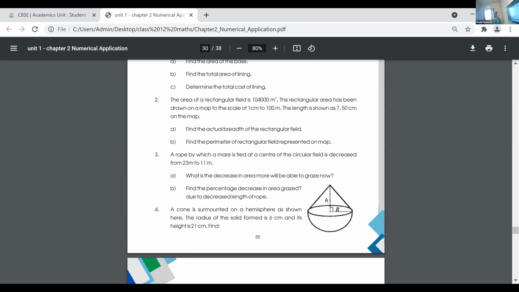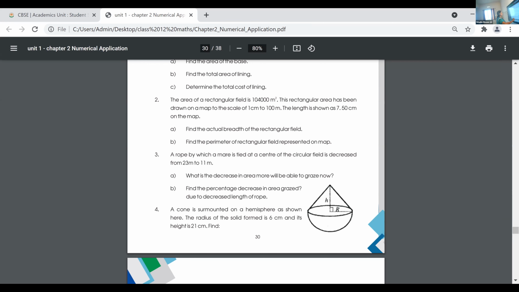Write the fourth question, children. A cone is surmounted on a hemisphere. Surmounted means the cone is on the top of a hemisphere. The base is a hemisphere, and over the hemisphere we have a cone. The radius of the cone is 6 centimeter and its height is 21 centimeter.